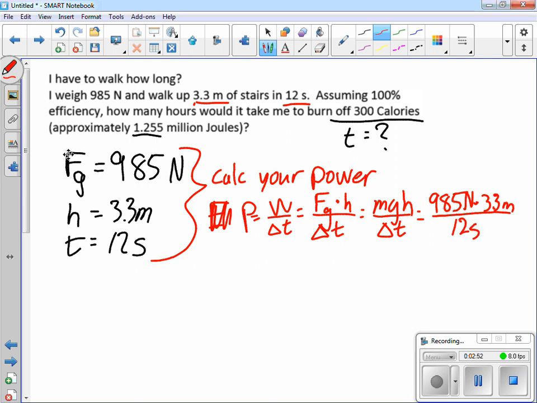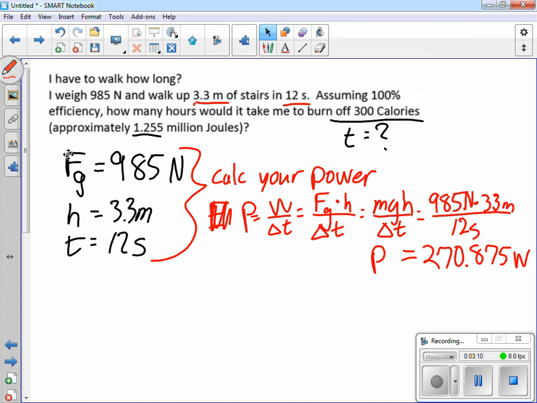Tap, tap, tap. We're going to get power is equal to 270.875 watts. Yes, watts. Now we're going to use EPT.